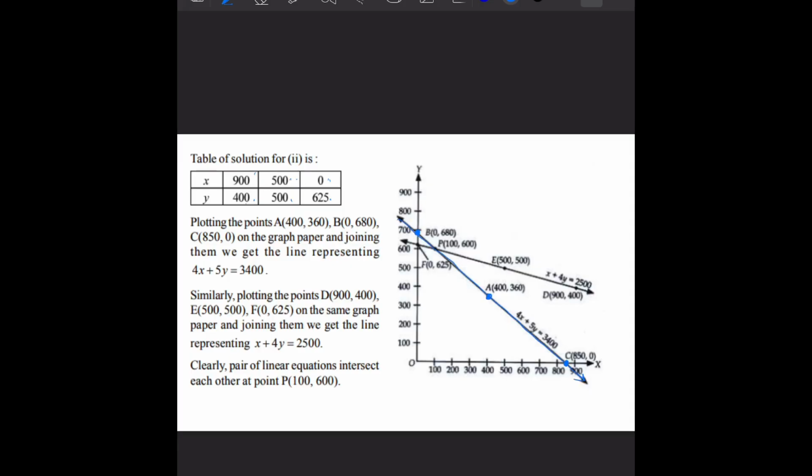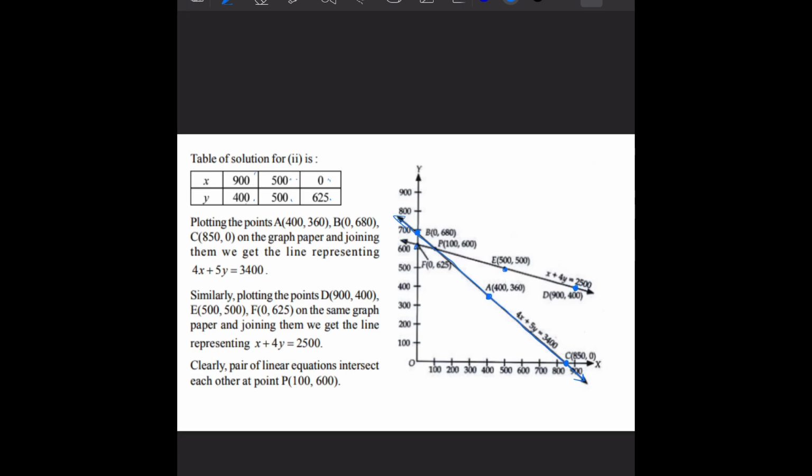You will get a straight line. Similarly, you plot the second table: 900, 400. This point is here. Next 500, 500. That point is here. 0, 625. That point is here.